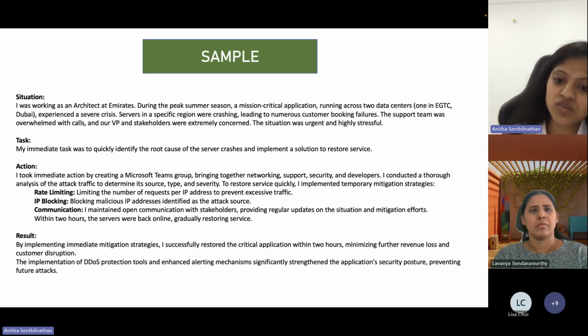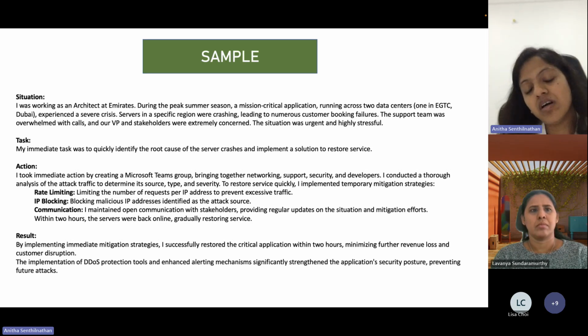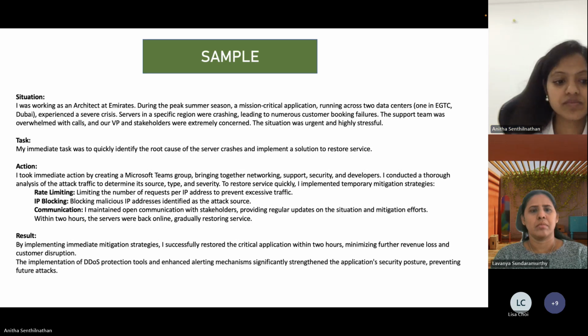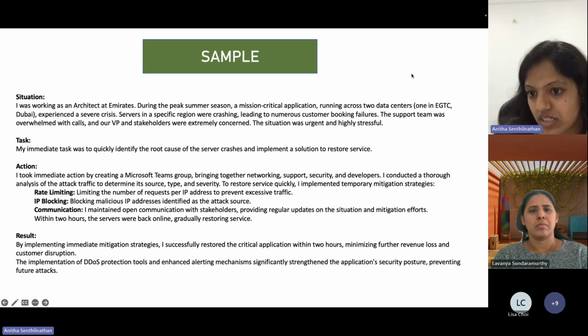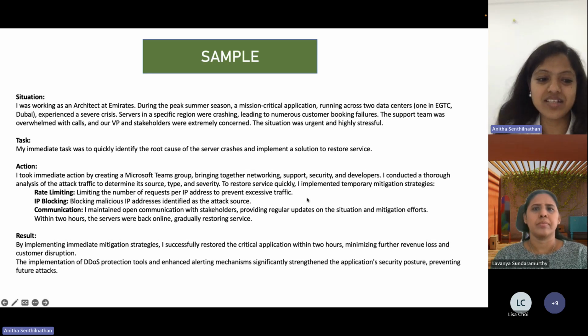How did I communicate with my stakeholders? If we provide these kinds of tools, it will be more useful for the interviewer to ask follow-up questions. And the result, as I said, for this I can't show the quantifying, but still I can provide more details. This is a sample I was creating.